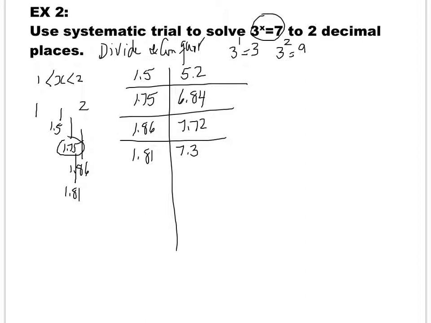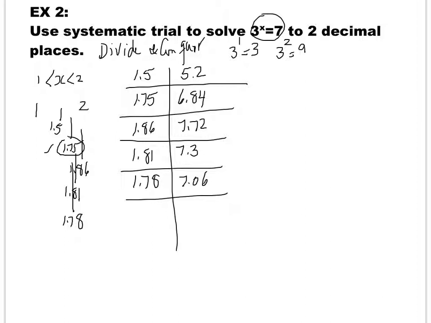So now I'm going to say the real x is somewhere between 1.75 and 1.81. Again, I add and then divide by 2. I get 1.78. So now I'm going to try 1.78. If you plug it back in, you get 7.06, much closer now. But still, 1.78 produces 7.06, which is greater than 7.